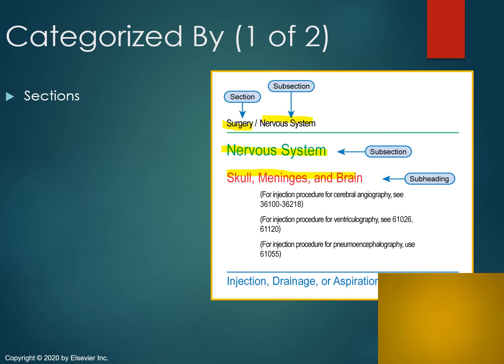And then a category is what procedure was done: injection, drainage, or aspiration. Always make sure that you're in the right subsection, because this one here says the nervous system, but it could be the integumentary system, cardiovascular, musculoskeletal, etc.